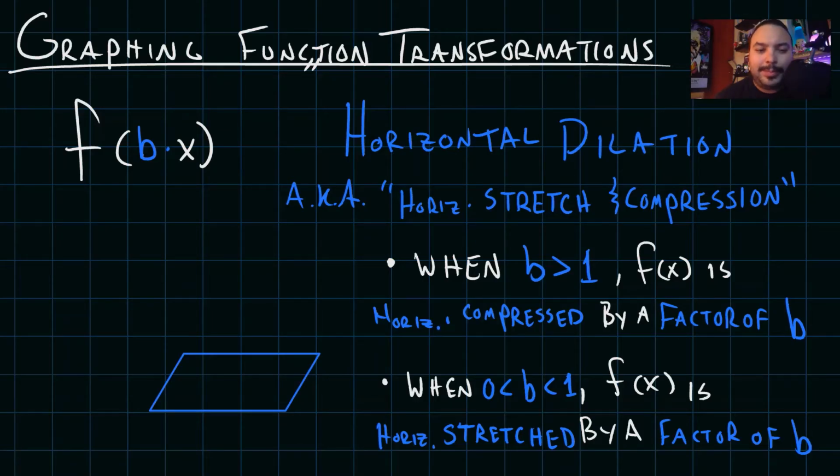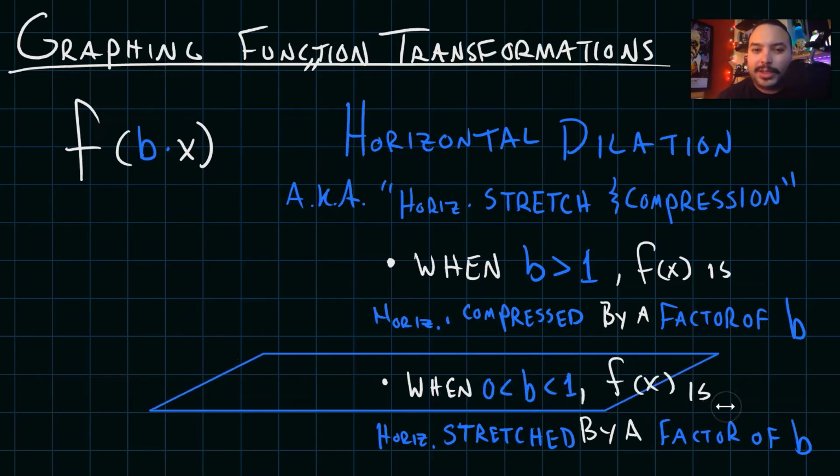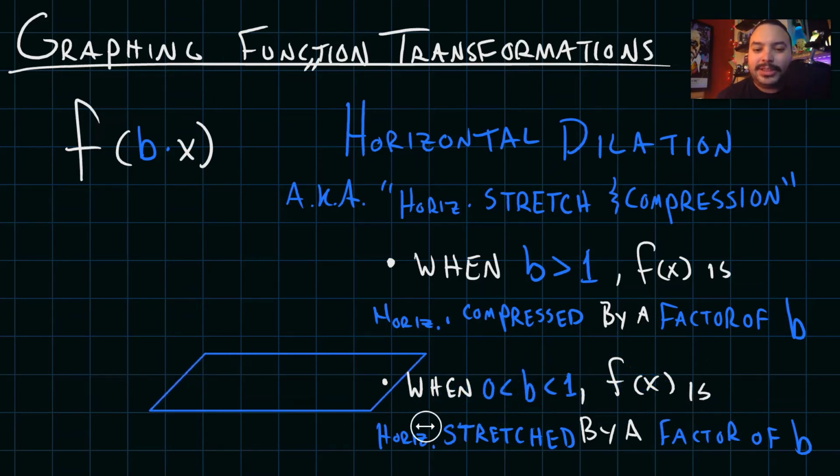So the parameter b, shown here multiplying x, is what's known as a horizontal dilation, or a horizontal stretch and compression. So this works very similar to a vertical stretch and compression. Vertically stretching means that it is literally going to become wider like this, and a vertical compression works this way.